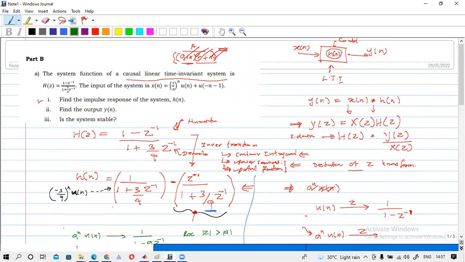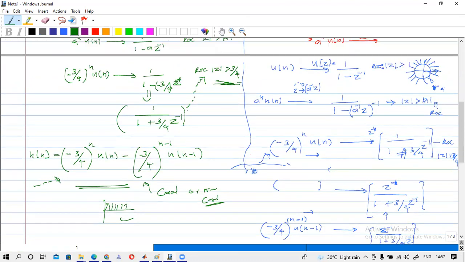So we can see that it is a causal system. Actually, there is no need for this data, but we can verify our answer through this. It will be a causal signal, so we can have an idea that our answer may be correct.